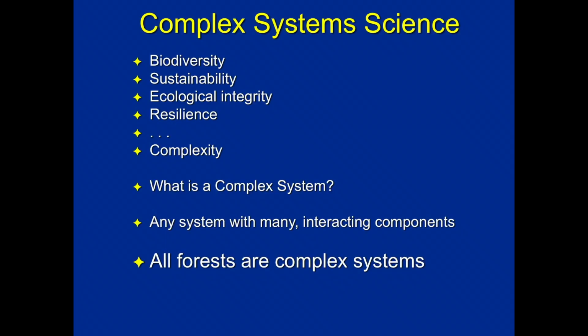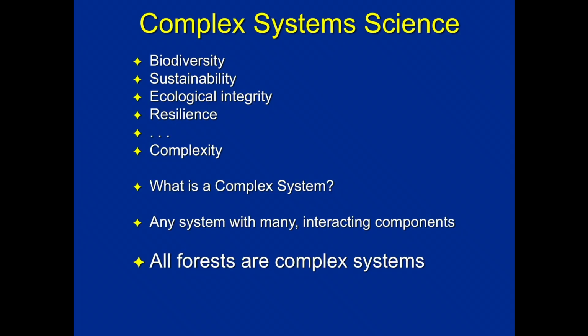We've broadened that out to sustainability of various environmental values. And then we started talking about ecological integrity, I don't know, 15 years ago. Resilience has become kind of a buzzword and gets used a lot. And then I think complexity just kind of comes after it. It's a logical progression in our thinking about how to manage forests.